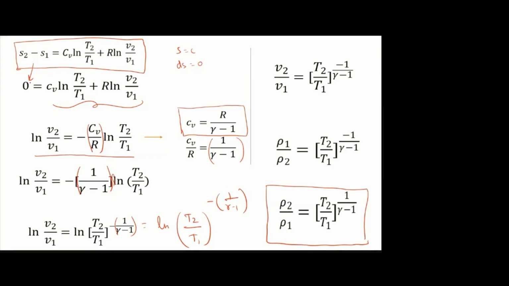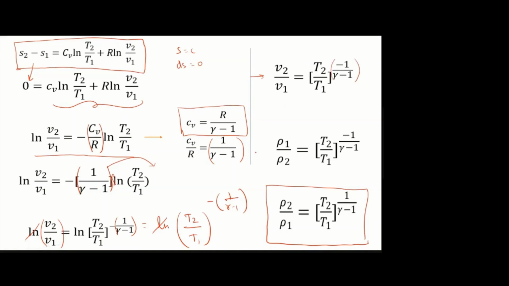First step I put 0, then rearrange, and I don't want the CV by R term, so instead I use 1 divided by gamma minus 1. Then take this to the power. Now you can cancel ln on both sides, so remaining you will get V2 by V1 is equal to T2 by T1 power minus 1 divided by gamma minus 1.